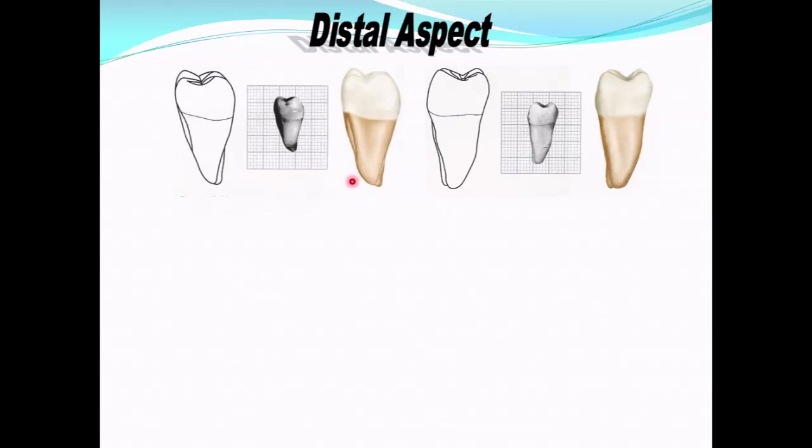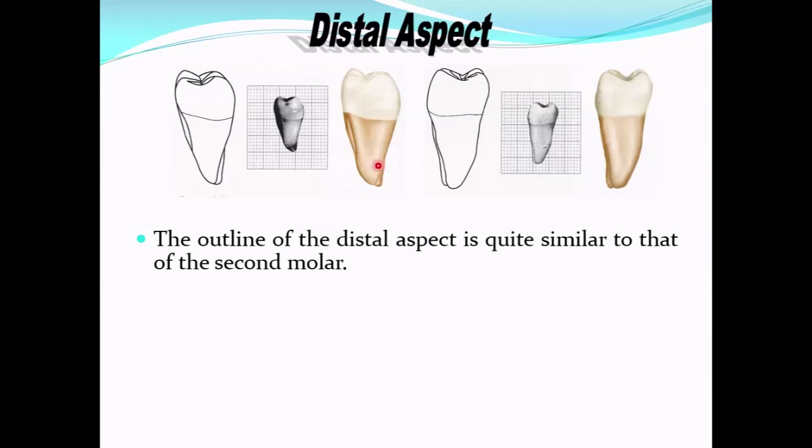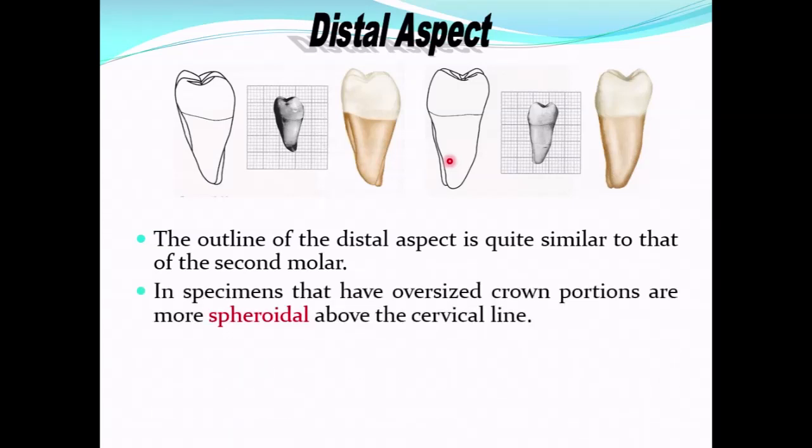The distal aspect. This is the distal aspect. This is buccal, this is lingual. The outline of the distal aspect is quite similar to that of the mandibular second molar. The specimen teeth have an oversized crown portion, more spheroidal above the cervical line. The size of the tooth is close to the size of the second molar, but the crown is more spheroidal, more round than in the mandibular second molar.